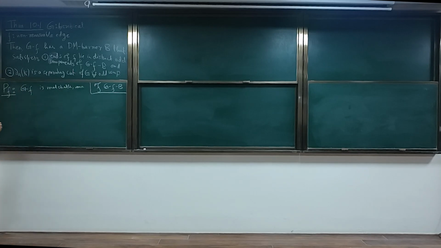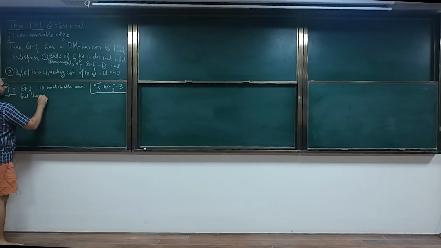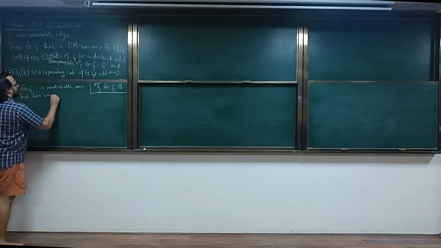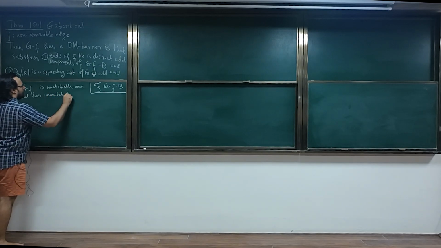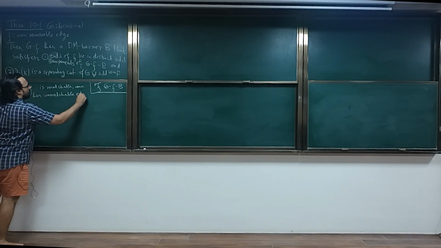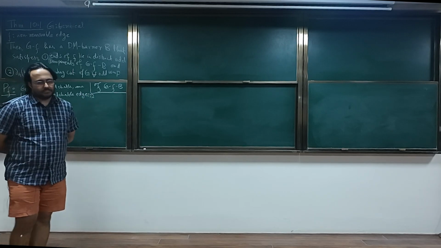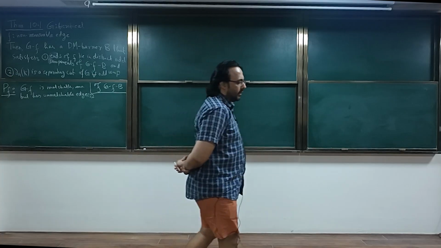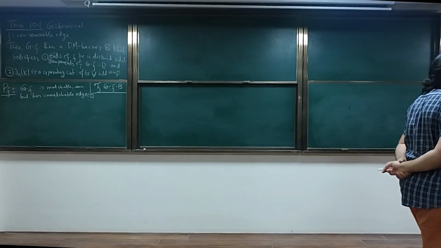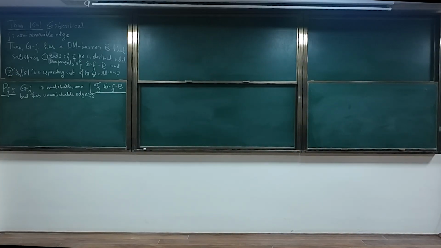I mean, it's probably used implicitly in many places, but has unmatchable edges. Therefore, G minus F has unstable barriers.